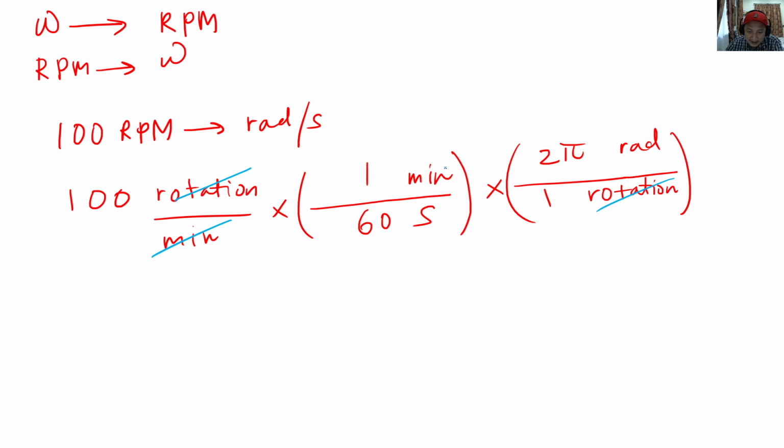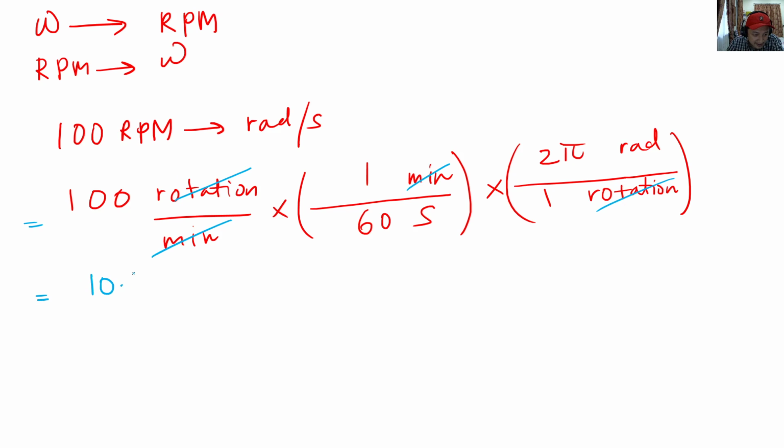Minute can be cancelled off. So now you're gonna multiply them off: 100 times 2 times pi divided by 60.